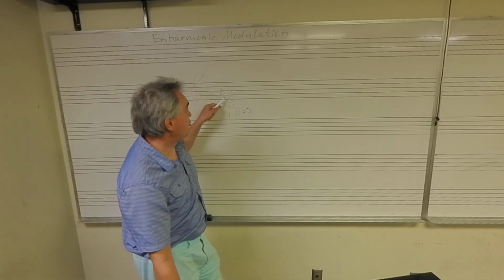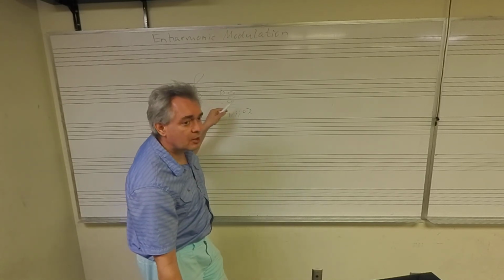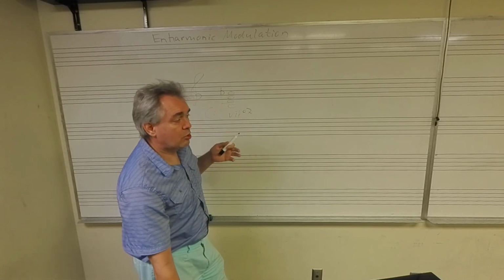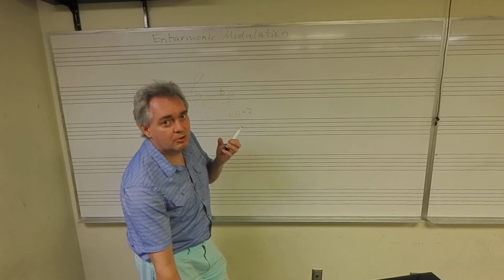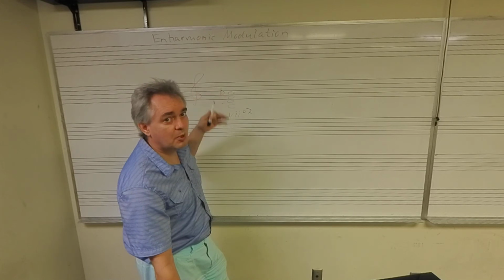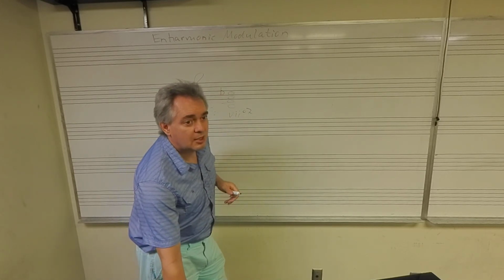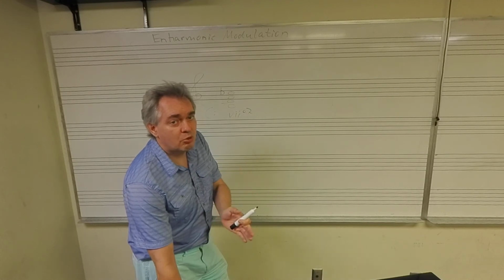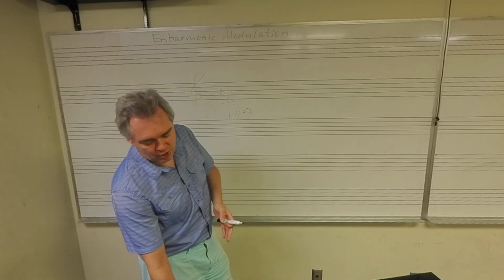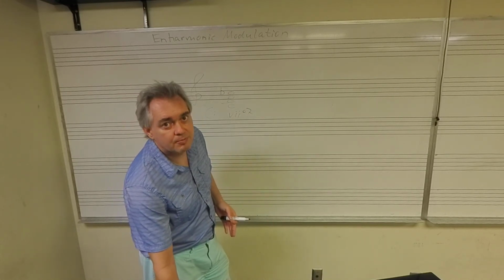Or if the F is the root of the chord, just from the sound, if we enharmonically respell this chord, so F is the root of the chord, that means the root of a leading tone chord, then it leads to G flat.